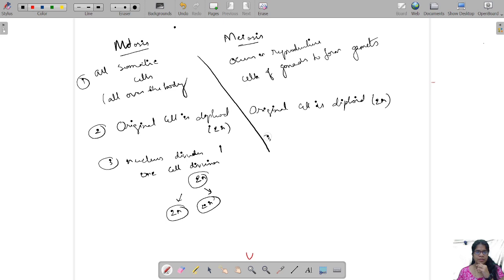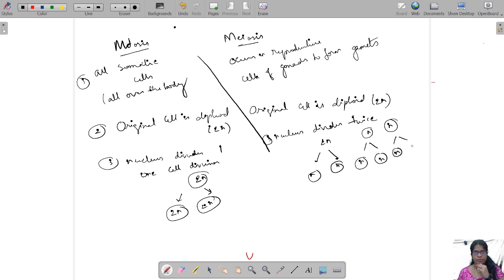But here in meiosis, the nucleus divides twice, like 2n becoming n, reduction, and after that this n upon meiosis 2 will form 4 haploids, right?